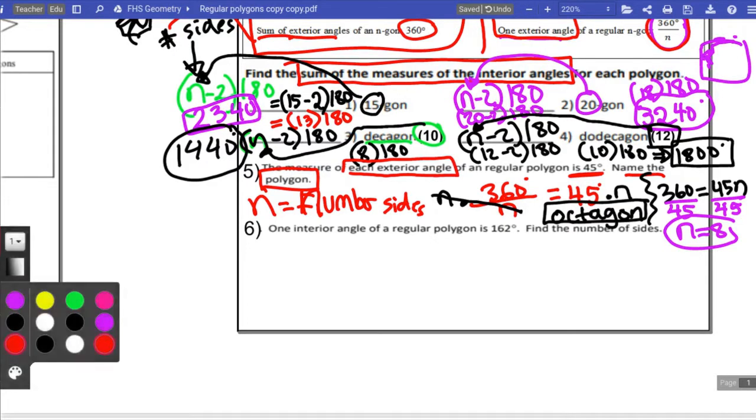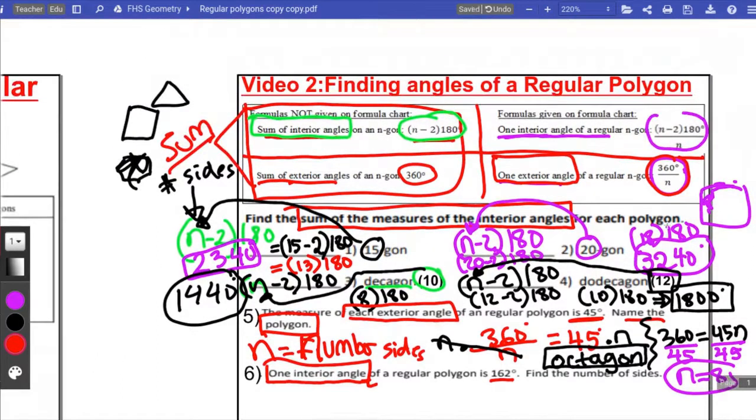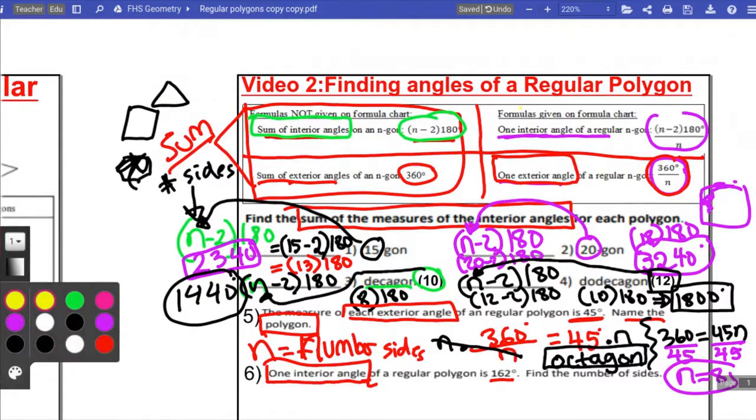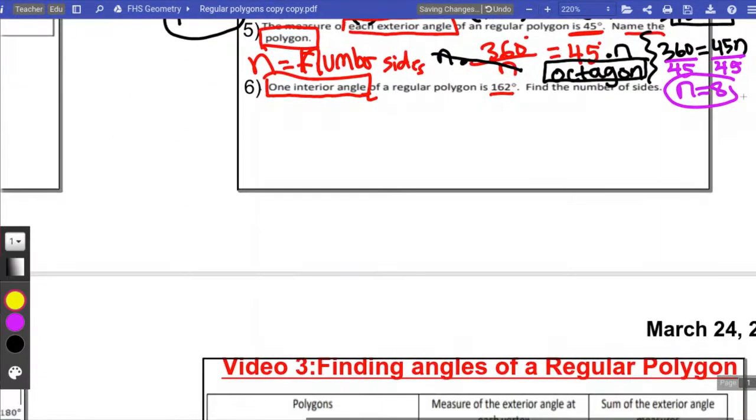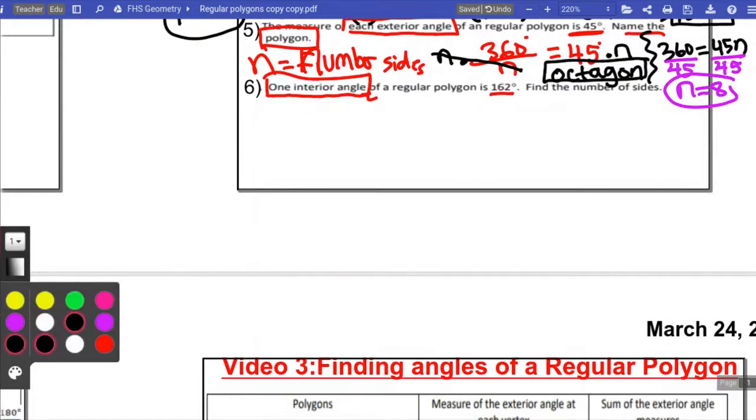The next one, I'm just going to circle what's given to me here. One interior angle of a regular polygon is given as 162. One interior angle, they're referring to this right here. So we're going to have to use this formula. I already know the formula; I have to memorize it for some reason, maybe because I'm a math teacher.